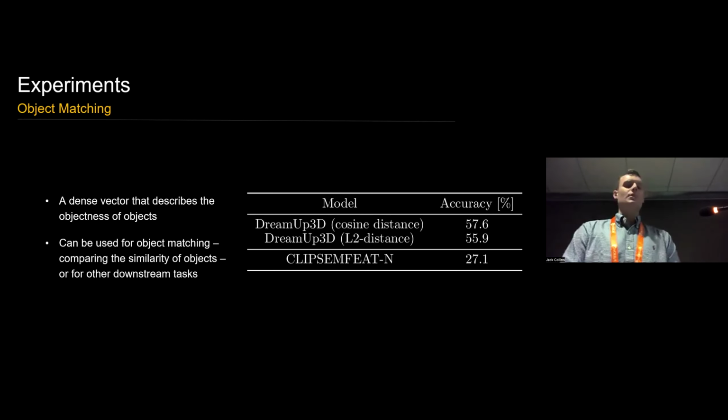We compare that to a CLIP model embedding of these same objects, and find that we get a better accuracy using our dense representation, which has been trained on these objects and really embodies what those objects are.